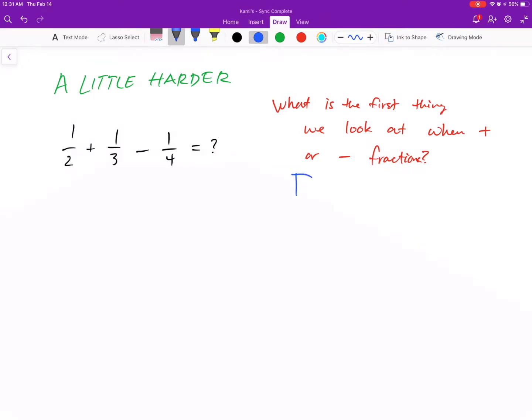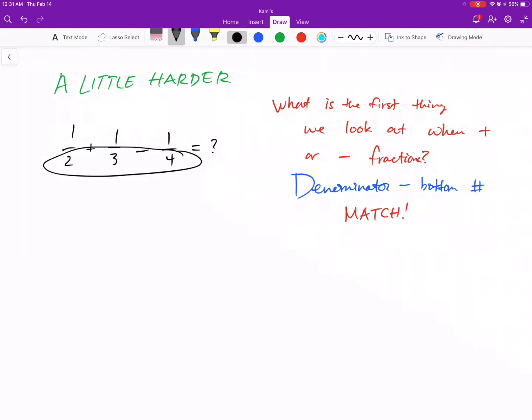It is the denominator, or bottom number. We must check if they match. The denominators must match. Do they match? 2 and 3 and 4. Sure, they're nice in a line, but they do not match. So we need to change that.